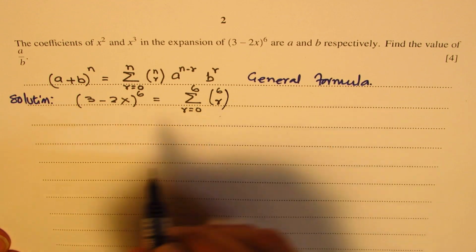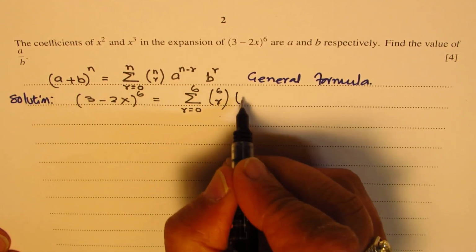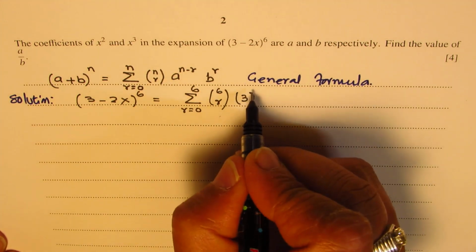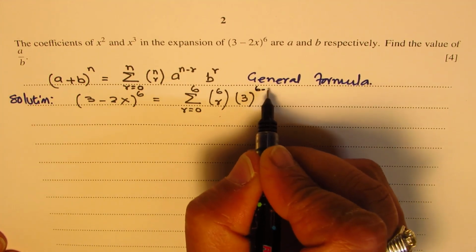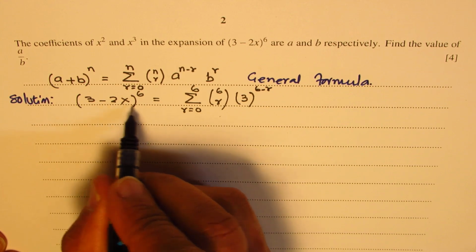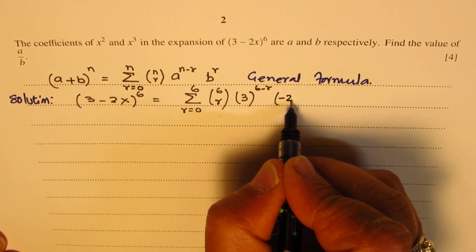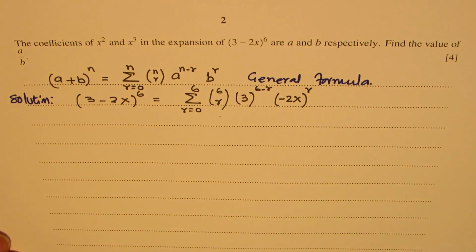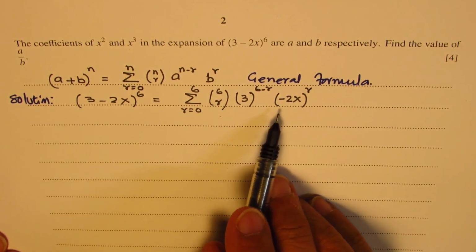A is 3 for us, so 3 to the power of n minus r, and n is 6, so we write 6 minus r. Minus 2x is the second term, to the power of r. Clear? So that becomes our general expansion.